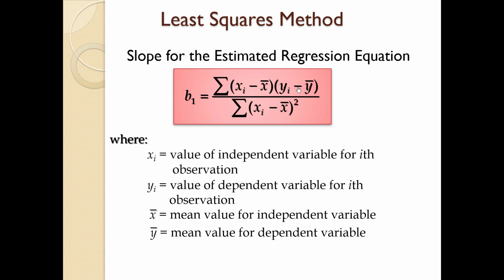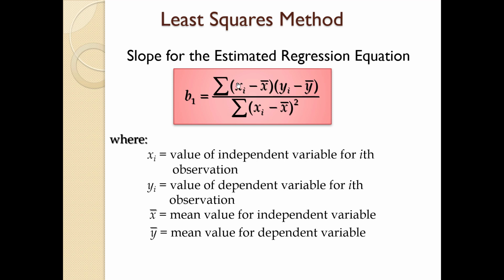So if x is above average, this is a positive number. If at the time x is above average, y is also above average, so y minus y bar is a positive number, then they're both going up at the same time.